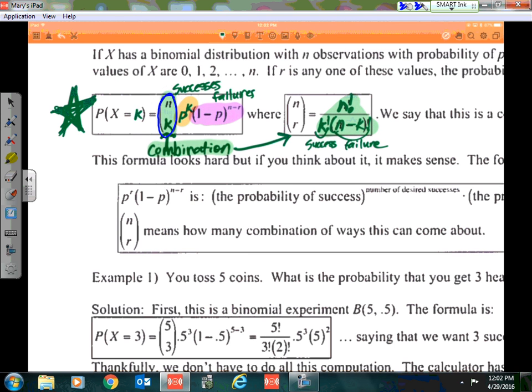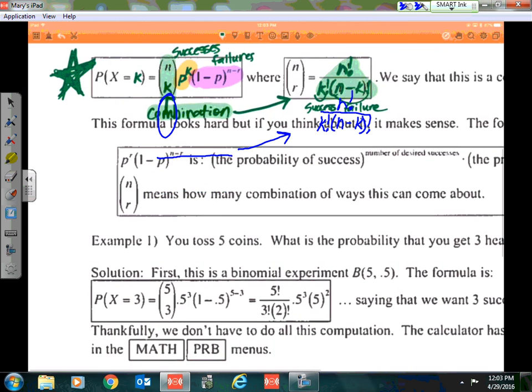Now, your calculator computes these combinations for you, but I have seen it show up as a multiple choice question on the AP exam where they actually have this written out and you had to recognize it. So n factorial over the successes factorial times the failures factorial. You have total factorial on top, and then it's split up, success factorial and failure factorial.